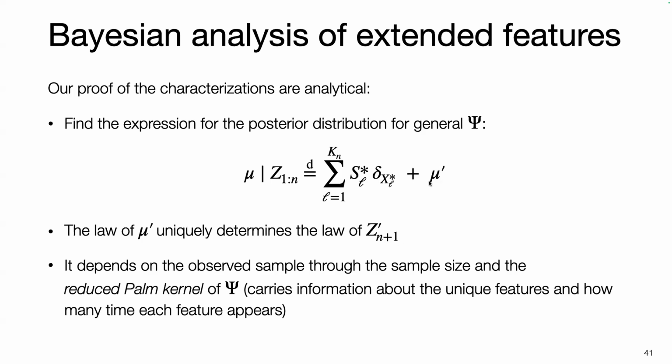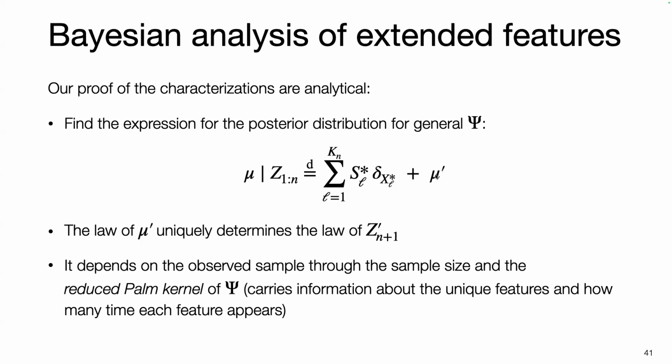While the law of mu prime is a rather complex object, in our expression we say that we have a closed form expression because we know its Laplace functional. So in theory, we know everything about mu prime, but it is not a very tractable object.